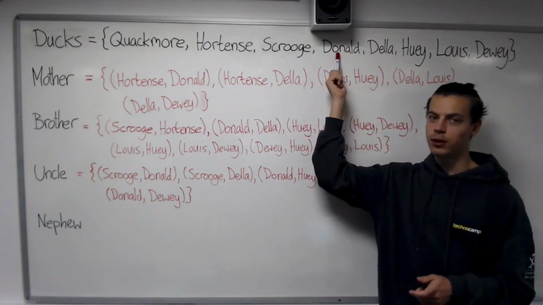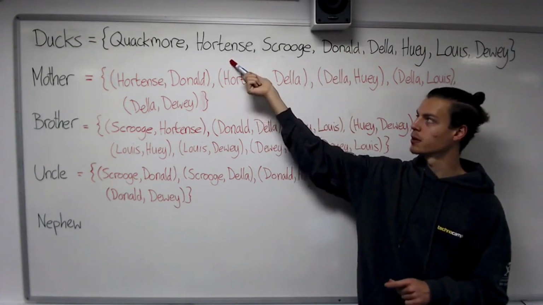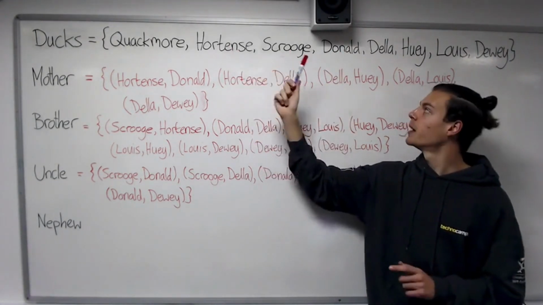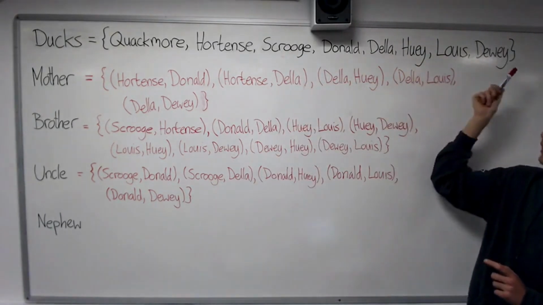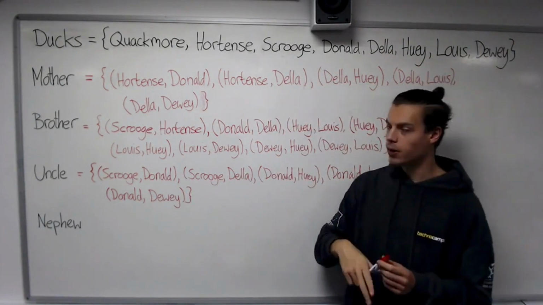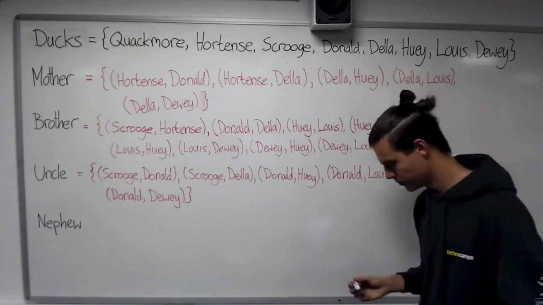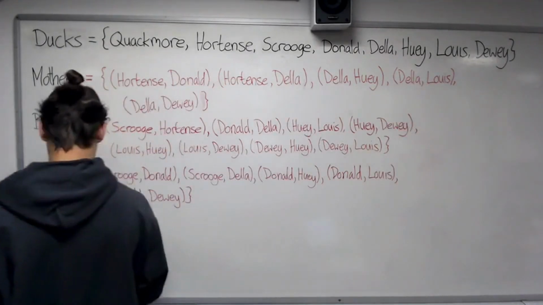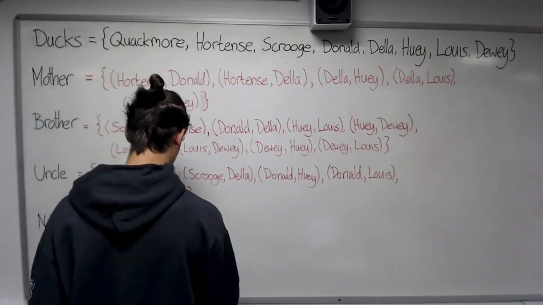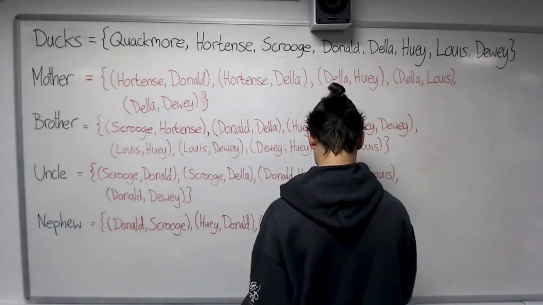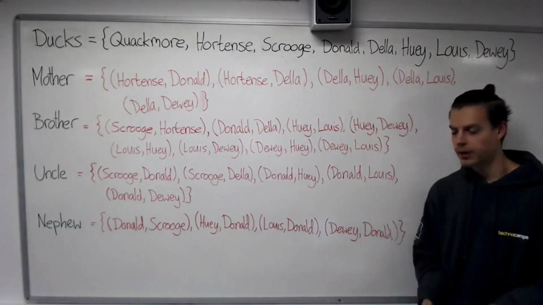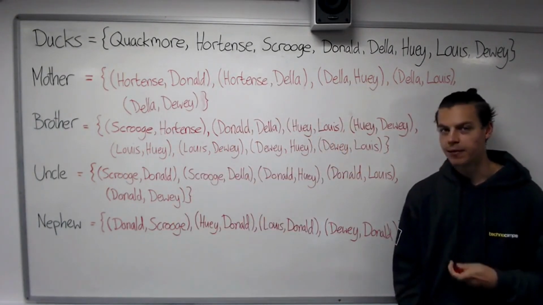Now, Donald is the nephew of Scrooge, and Huey, Louie, and Dewey are all nephews of Donald. So there is the nephew relation written out in full.